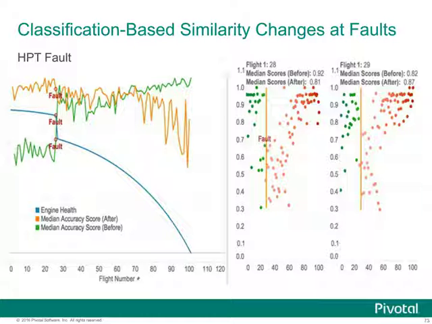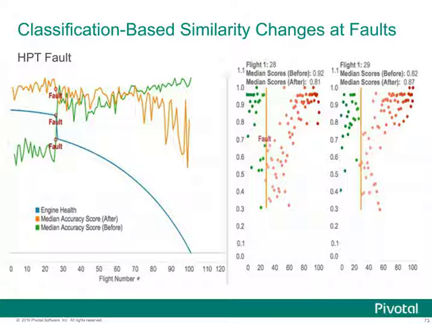On the right-hand side, we've decided to plot that out. So we have flight number 28 on the left and flight number 29 on the right. What happens is prior to the fault, you can see that the difference in terms of median accuracy is shifted. So the green dots are lower on the y-axis, meaning that they look quite similar to the given flight.